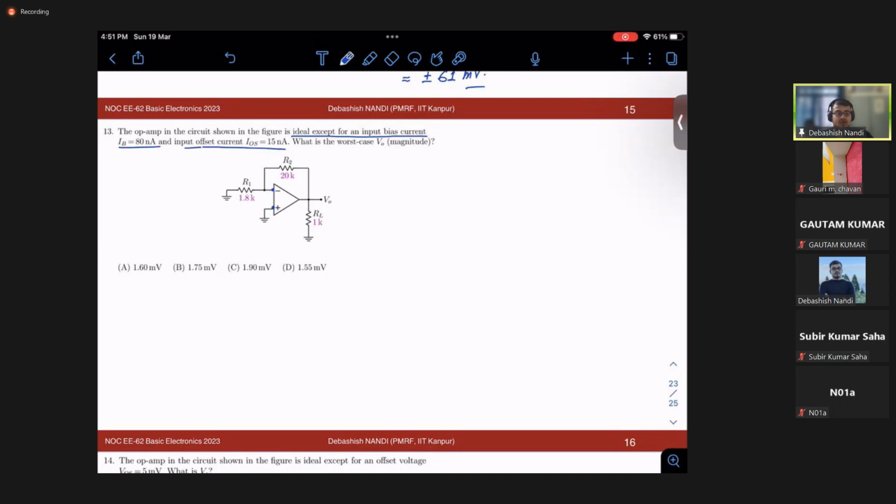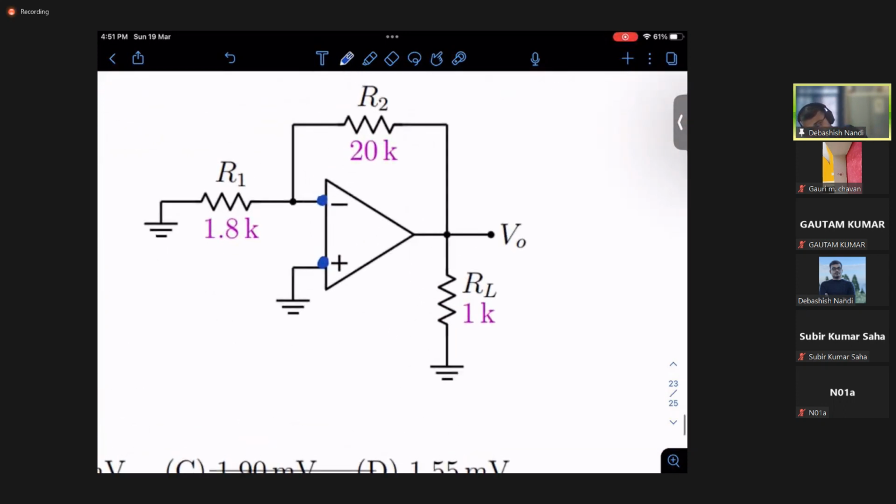So you see these currents, which I was earlier taking to be zero, now I cannot take as zero. So now let me call them I1 and I2. I1 and I2 can be interchangeable, which means I1 may be flowing into the plus terminal or I2 may be flowing into the minus terminal, just like the offset voltage polarity.